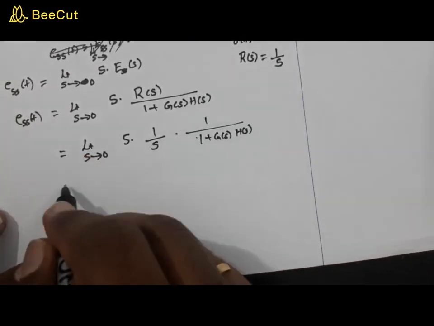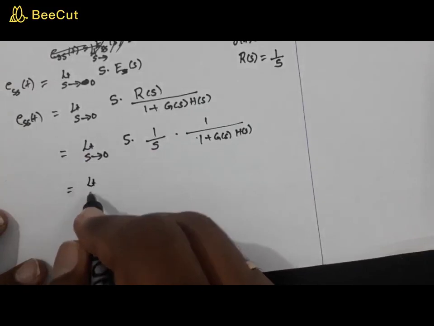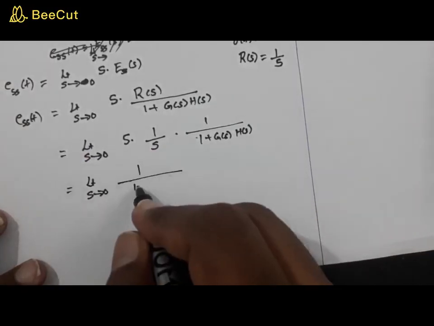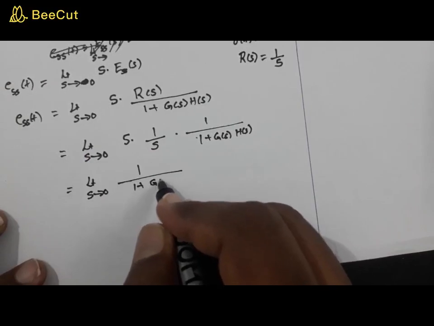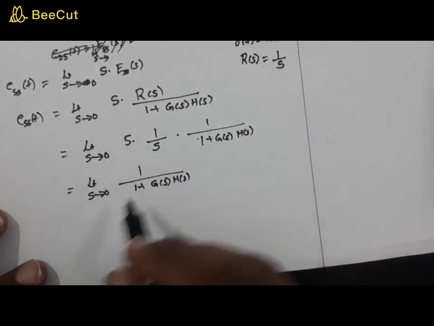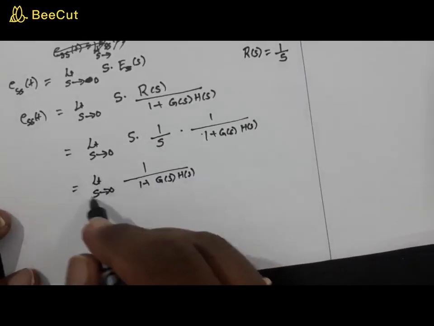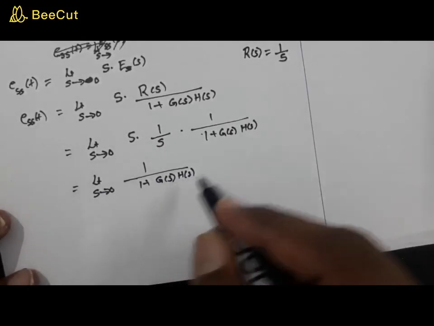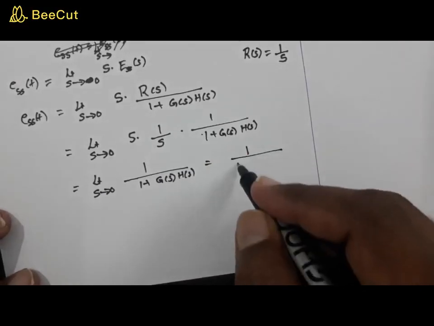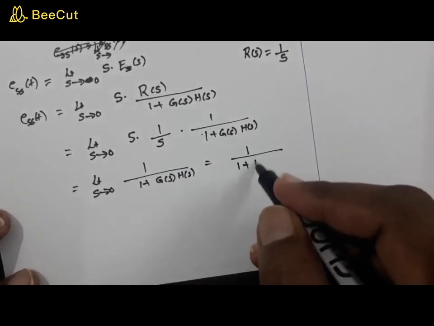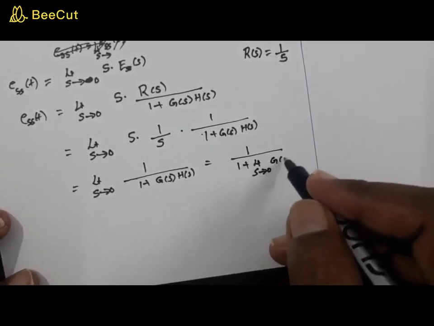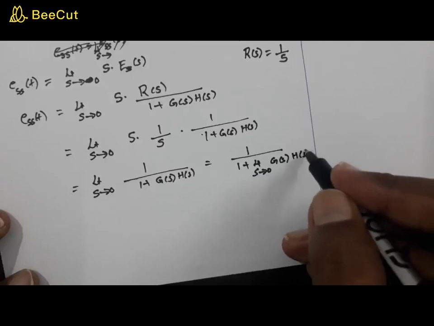So this s and s get cancelled. This becomes limit s tends to 0 of 1 by 1 plus G(s)H(s), and since the numerator is a constant, you can apply the limit only to this function. So this will be 1 by 1 plus limit s tends to 0 of G(s)H(s).